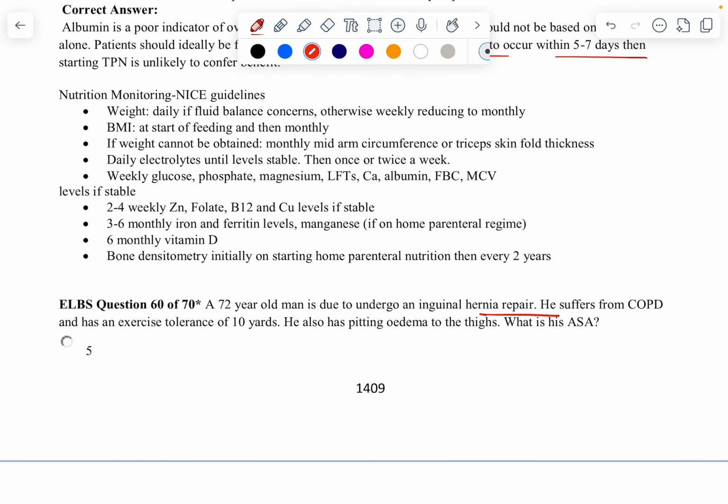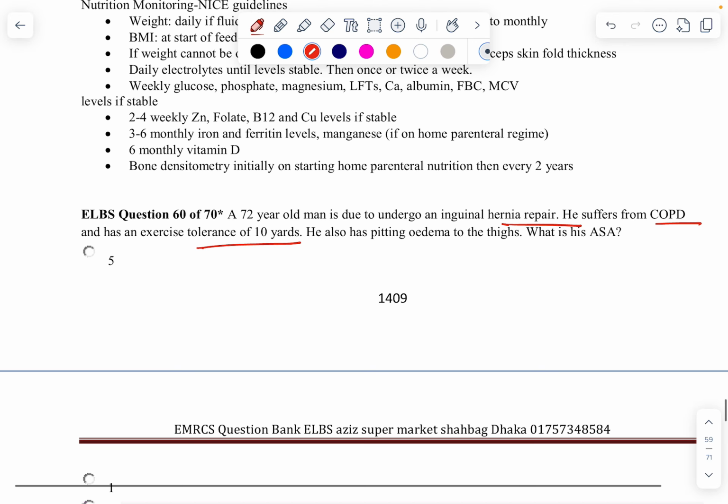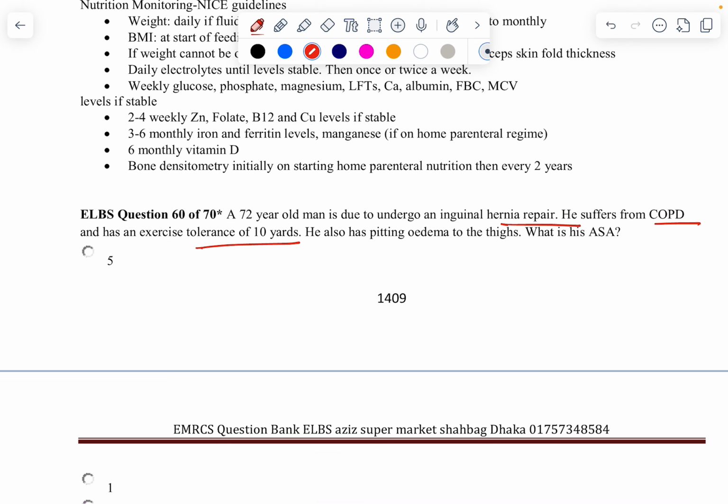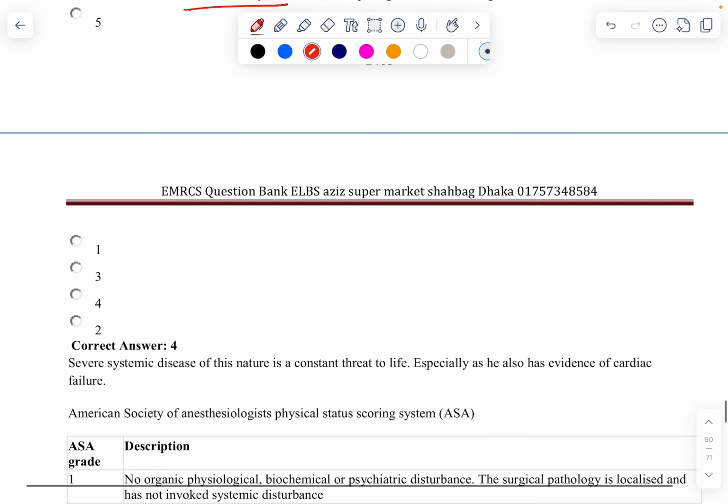Inguinal hernia, COPD. Exercise tolerance of 10 yards. Pitting edema on thighs. COPD 2, 3, 4.